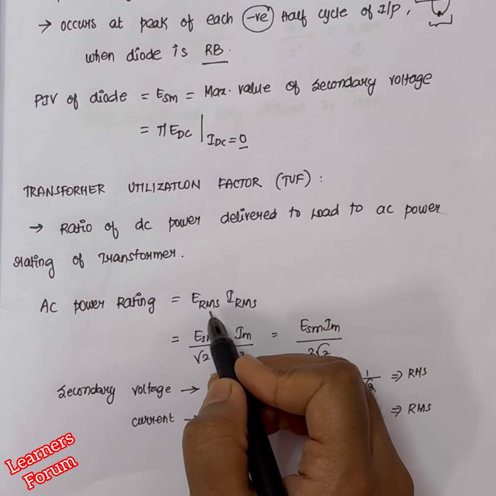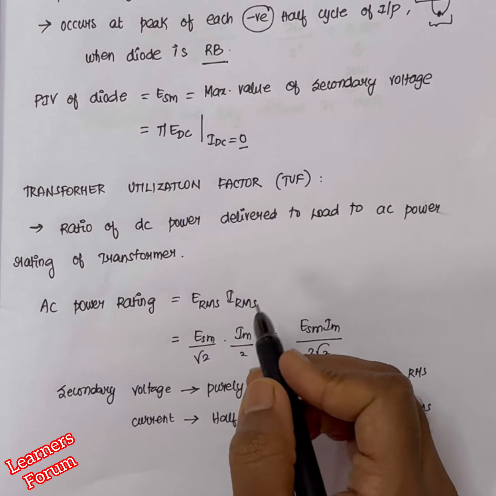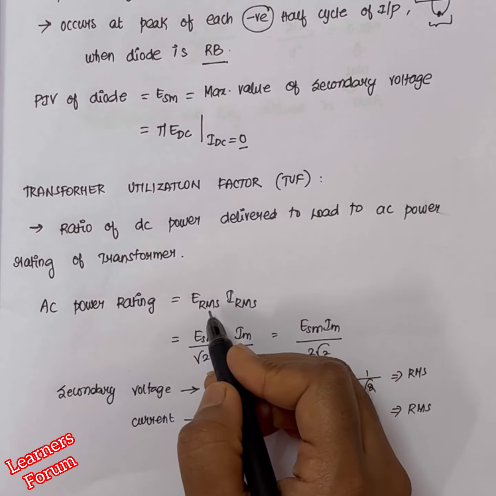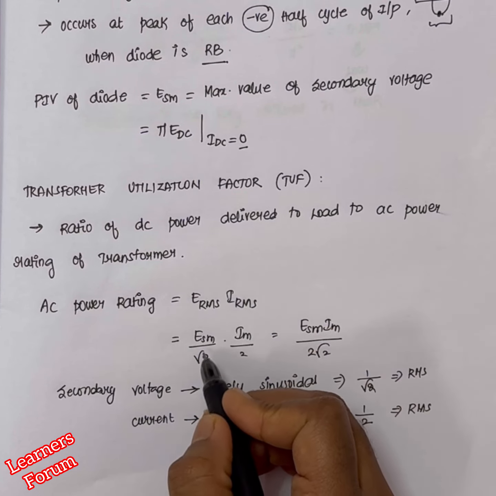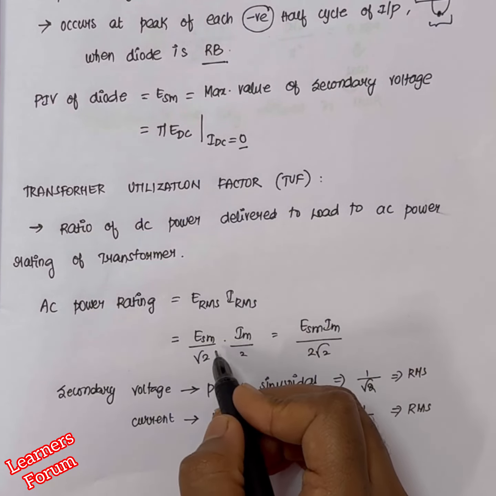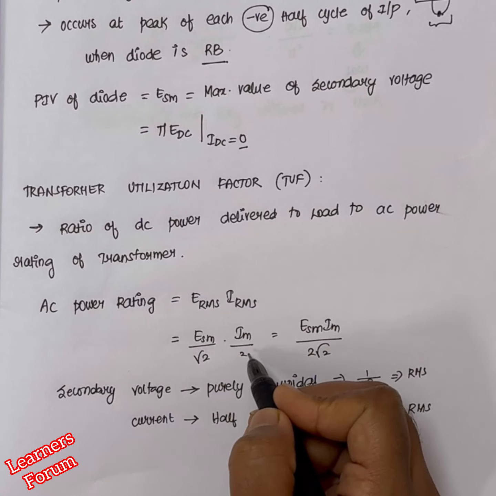So voltage RMS value is nothing but ESM by root 2, that is secondary voltage, and IRMS is nothing but IM by 2. So here the ERMS value is 1 by root 2 times and IRMS is 1 by 2 times. So this is about the sinusoidal waveform which creates a difference over here.